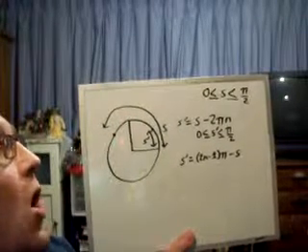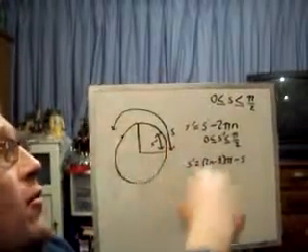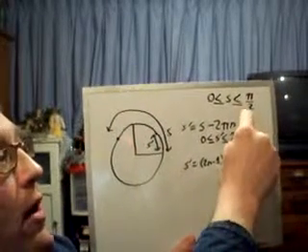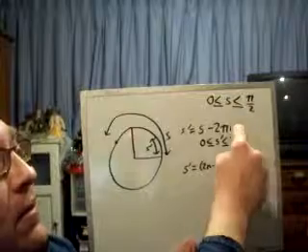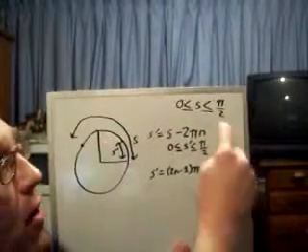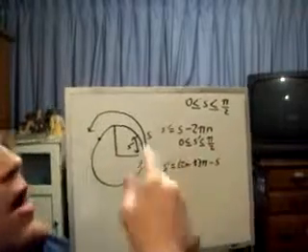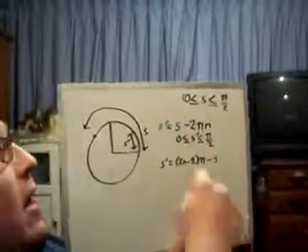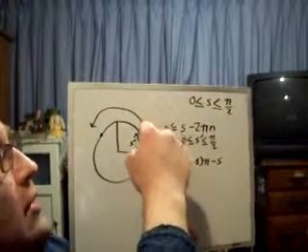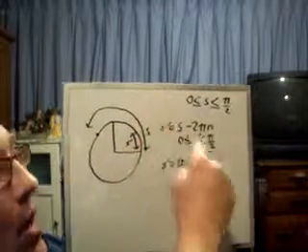So if S goes around 3 times and comes up a little bit, then you put a 3 here for the N. Now, to show you how this basically works, we're going to put a number 1 in here, because we're going to say, hypothetically, that S starts here, goes all the way around the circle once, and then stops right here.